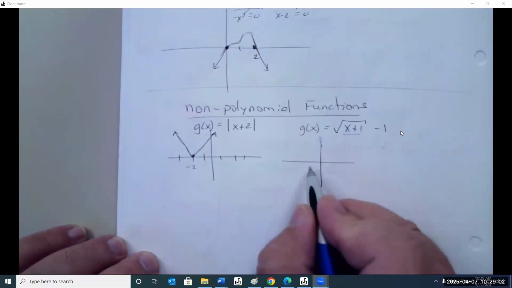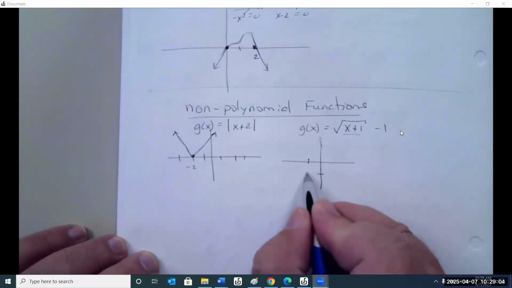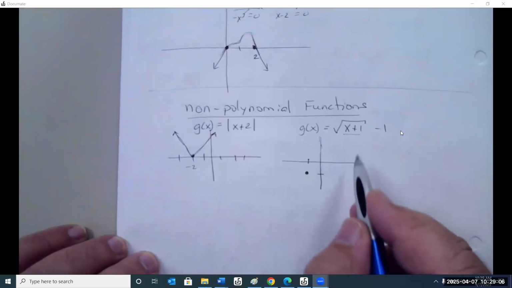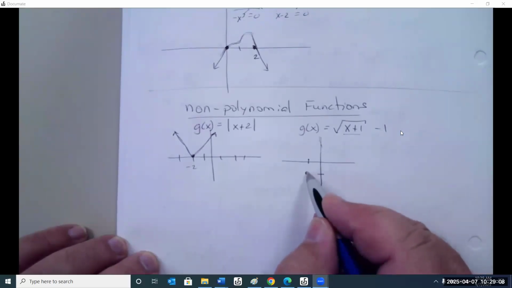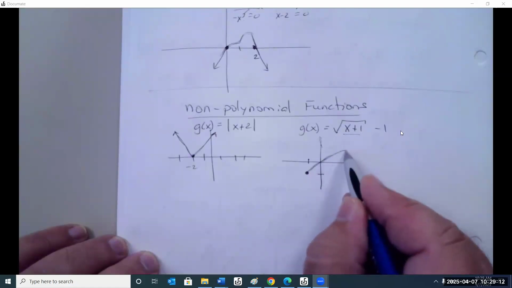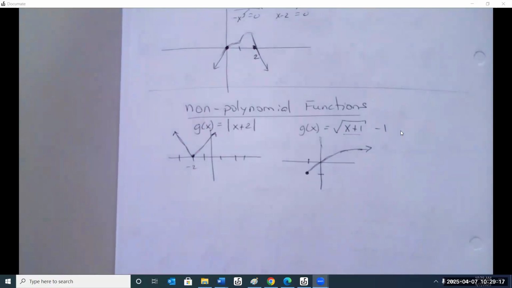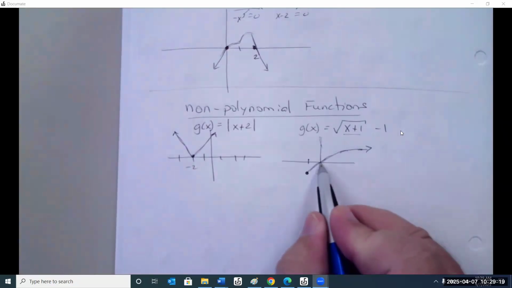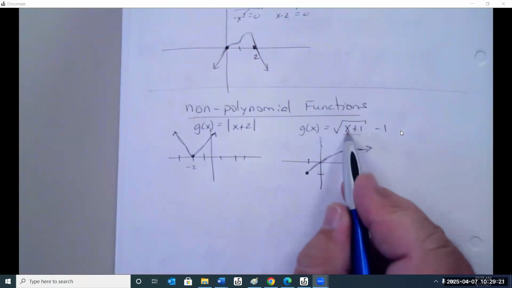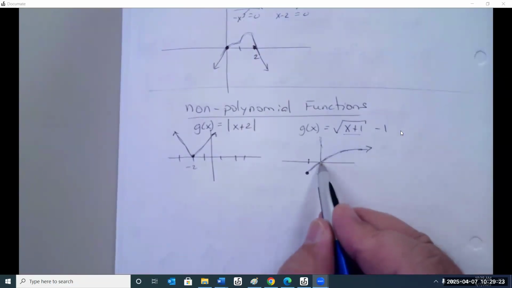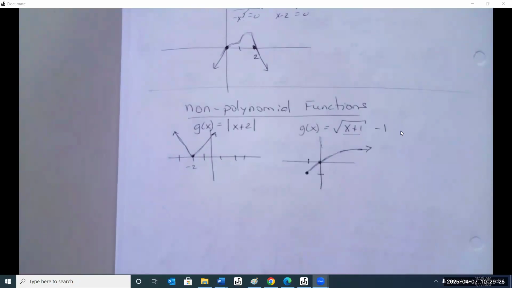It's a horizontal shift 1 to the left and 1 down. So there's your graph. And at 0, the square root of 1 is 1. 1 minus 1 is 0, so it goes to the origin.